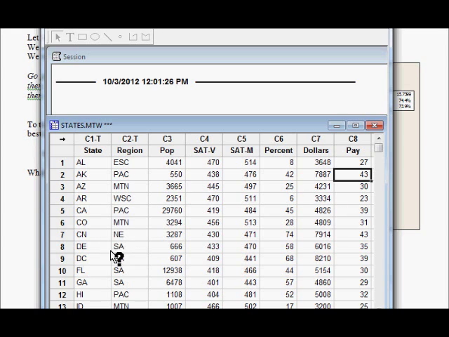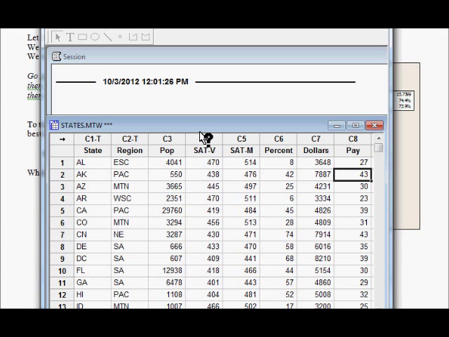Population. This is some old data, but it was still useful. This is population from the census back in 1990, in thousands. So Alabama had about 4 million at the time. Alaska had a little over 500,000 at the time. Arizona had less than 4 million at the time, which now is much bigger because of retirees.